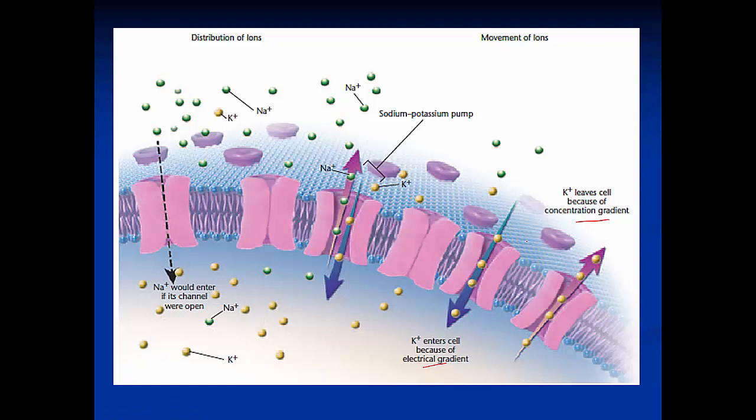But as I said, overall, which of these two forces wins? It's going to be the concentration gradient. So some potassium is going to come in, but more potassium is going to leave. So in the cell at rest, we're going to have a net efflux. E means out. A net efflux of potassium.